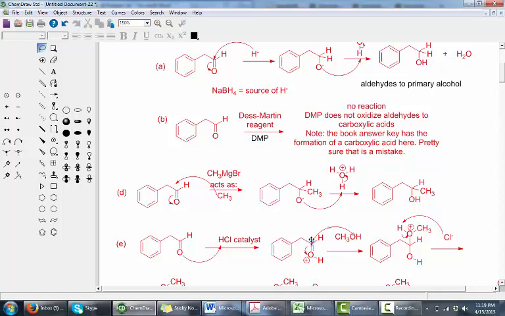But part D says, what happens if we treat phenylacetaldehyde with methyl magnesium bromide, or methyl Grignard reagent, this guy here, and that acts as a source of CH3-, like all Grignards and all organometallics.